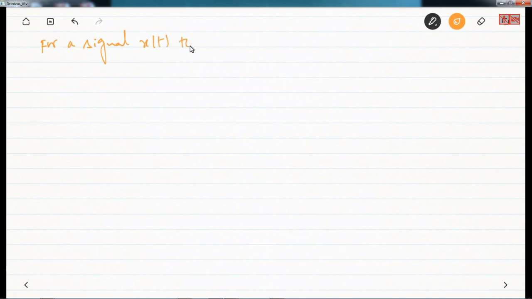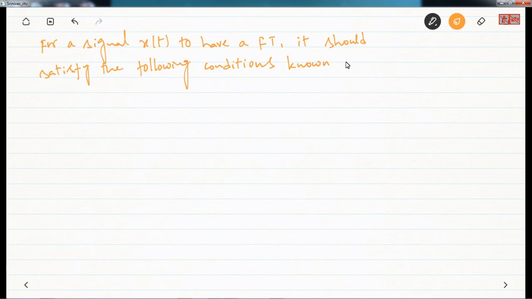For a signal x of t to have a Fourier transform, it should satisfy the following conditions, known as Dirichlet's conditions, because these are given by the scientist P.L. Dirichlet.